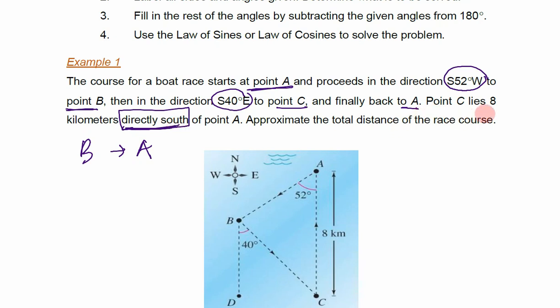And we also know that from C to A, the length is 8 kilometers. If you lost this information, you would not know that this is parallel. If this is not parallel, you cannot find this as 40 degrees. So it will be difficult.